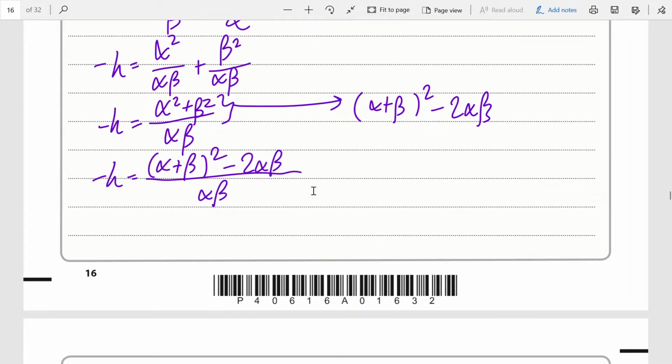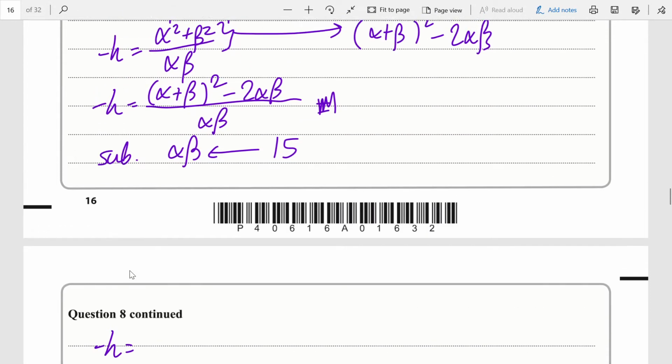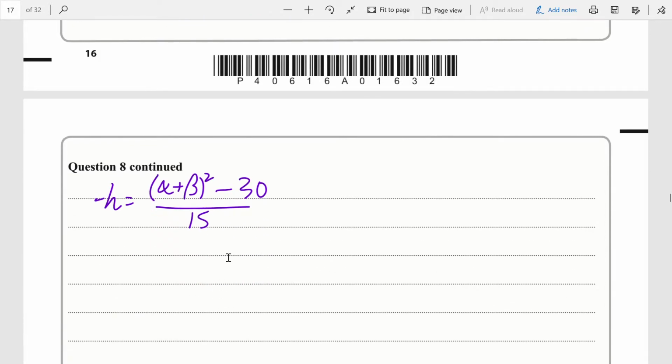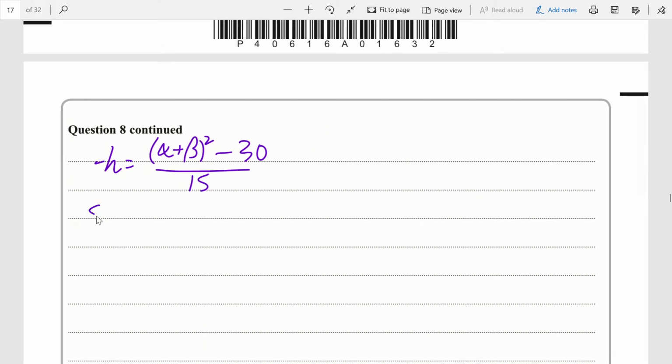And this in fact is, we'll just write down here, substituting alpha beta as 15, then we get minus h is equal to alpha plus beta squared minus 30 over 15. And alpha plus beta, as you know, is negative m, so if we substitute alpha plus beta as negative m, this turns to minus h is equal to minus m squared minus 30.